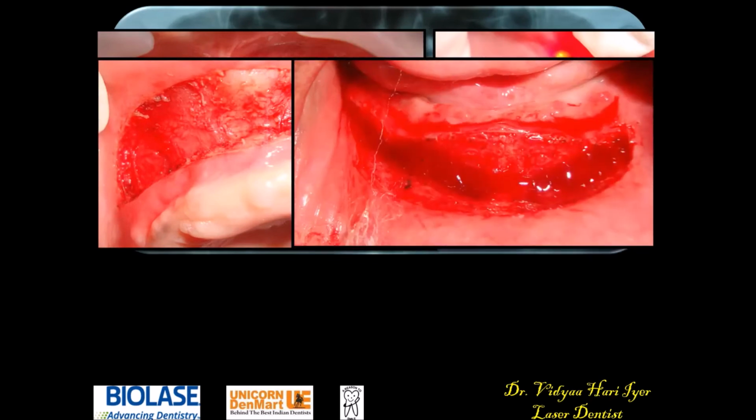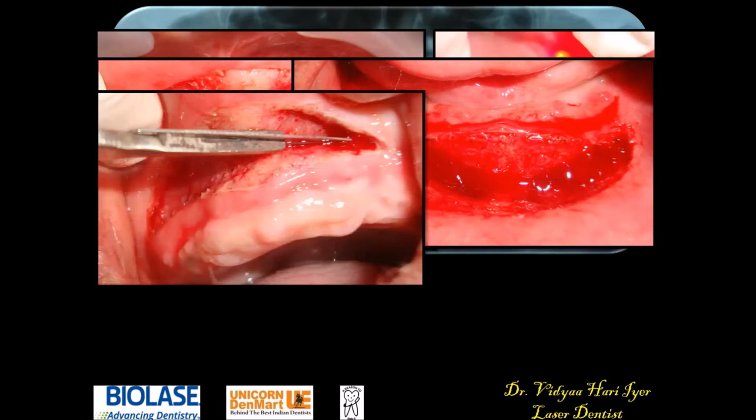You can see there's no bleeding, friends. This redness is not bleeding, but it is just that it's an open wound, right? Now I'm using something called a scalpel or a blade to cut that periosteum because I don't want the healing to be jeopardized.